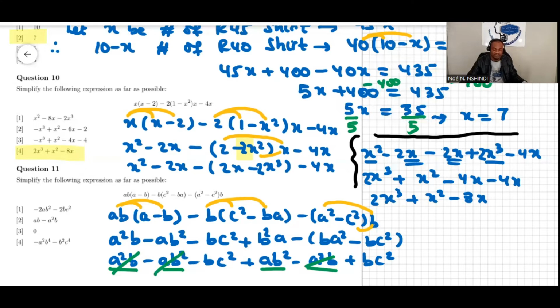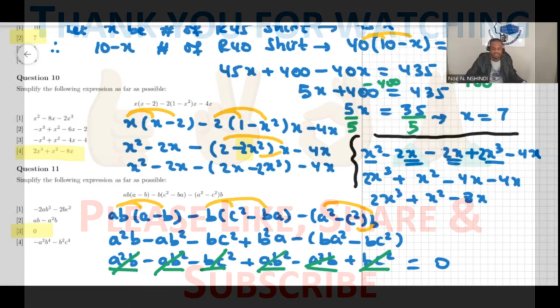And negative BC squared and positive BC squared also cancel out. So the expression here is just equal to 0. So the correct alternative is alternative 3. Thank you. And then we're going to take the next page.